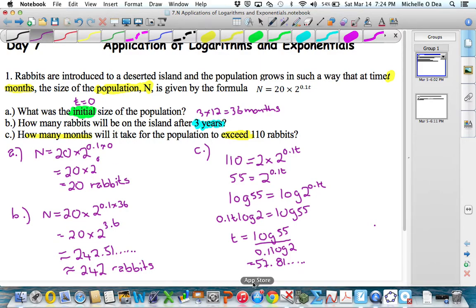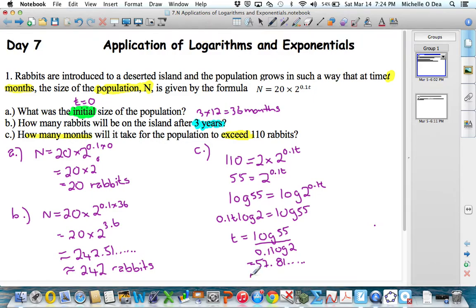So therefore it's going to take approximately 57.8 would be acceptable or greater than 57. I think it's acceptable to say it's approximately 58 months. So it will take approximately 58 months because T is in months. Approximately 58 months for there to be, remember exceed means more than, there'll be more than 110 rabbits.